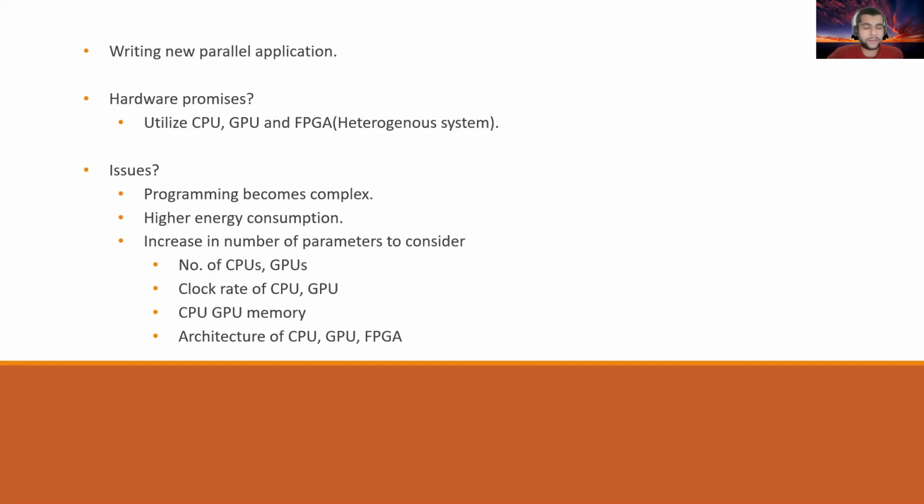And again, while programming, the number of parameters you need to consider increases a lot. For example, the number of CPUs, the number of GPUs, the clock rate of the CPU, the clock rate of the GPU, the memory, what level of caching is there in each core of the CPU and each core of the GPU, L1 cache, registers. You have to think of all of that so that you're able to optimally utilize these features, and also the architecture of the CPU, the GPU, and the field programmable gate array.